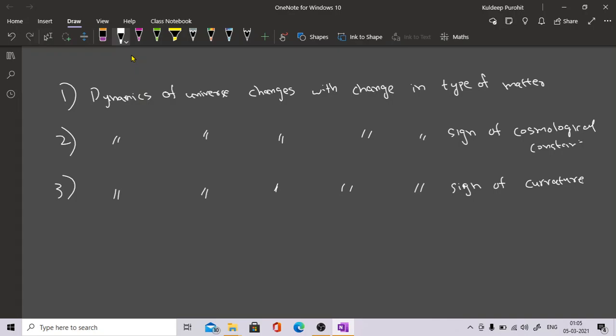Regarding the cosmological constant, we don't know much up till now, so I cannot comment on it. But the curvature of the universe can also be studied, at earlier times and at present. It is not a directly observable quantity, so you have to take the help of the density parameter to determine the curvature of the universe. Today, most theories predict that we are living in a flat universe.